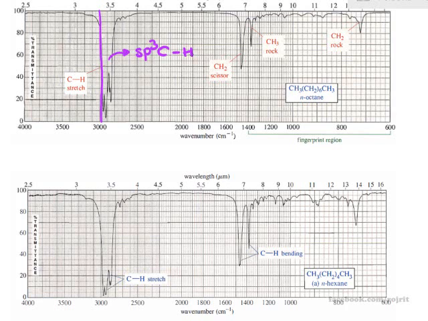This is this characteristic, and below 1500 is the fingerprint region. We normally ignore it because, as you can see here, it is marked as bending of hydrocarbon.